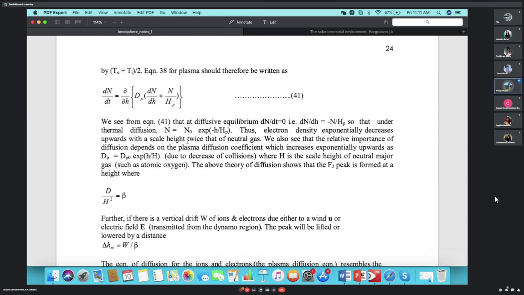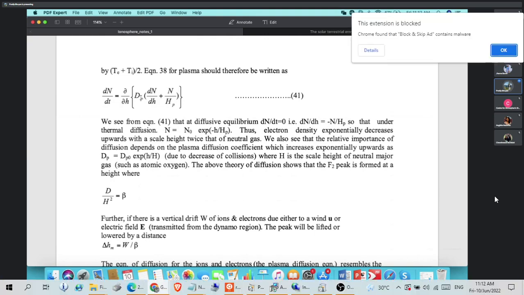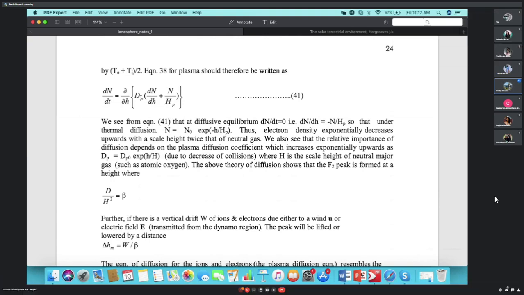This is the catch here, because this D_p, the diffusion coefficient of the plasma, is twice the diffusion coefficient of the neutral gas. So your distribution will also be modified by 2.